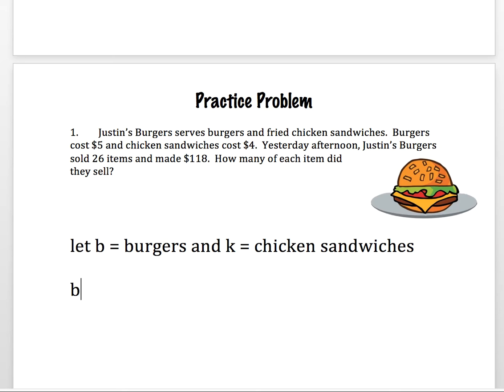Our total equation is the fact that they sold 26 items in total. So B plus K is 26. Our money equation is going to involve the price of the burgers and sandwiches. So burgers are $5, 5B. Chicken sandwiches are $4, 4K. And that's going to equal 118. Notice all three of the money numbers got used in this second equation: 5, 4, and 118.